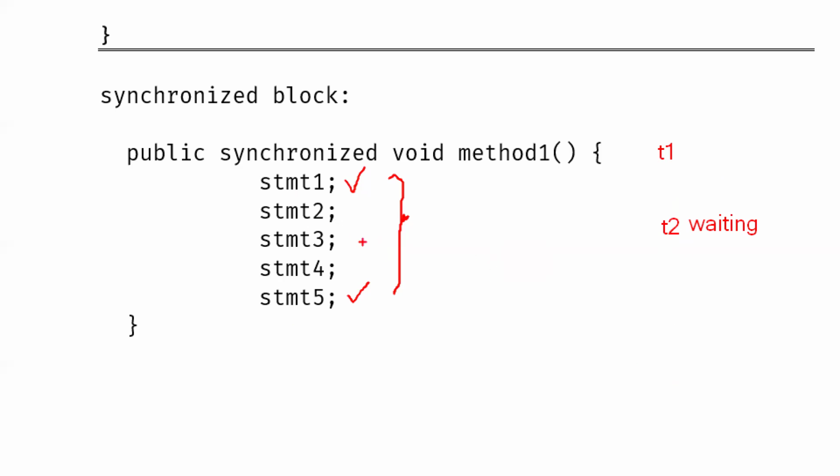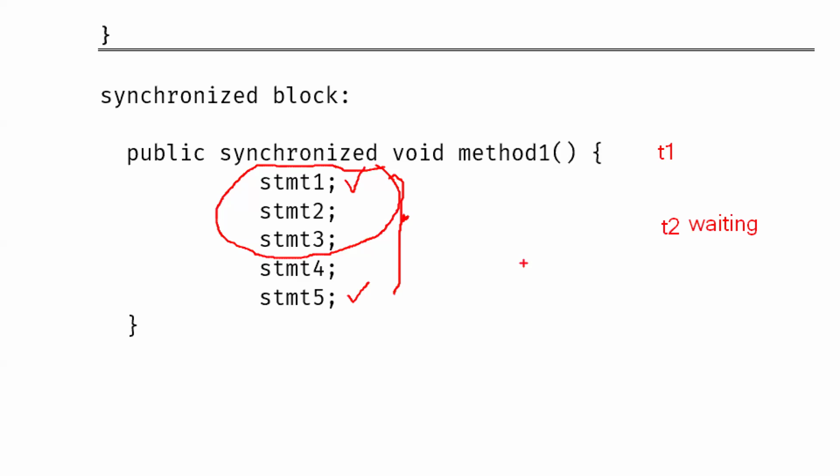Actually, out of 5 statements, there are only 3 statements which come under the critical section. I mean, only 3 statements are critical. But the remaining 2 statements, let's say 4 and 5, are not critical. They are normal statements only.